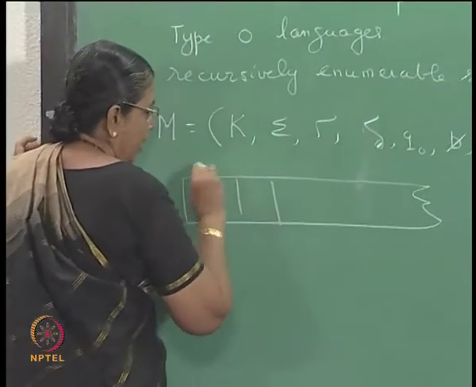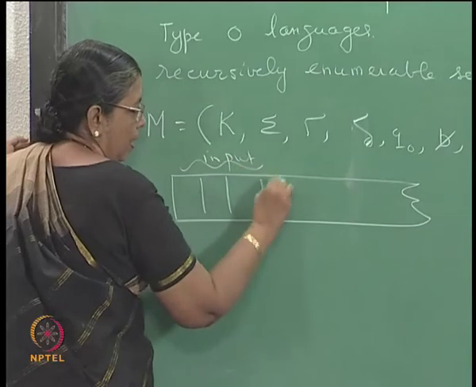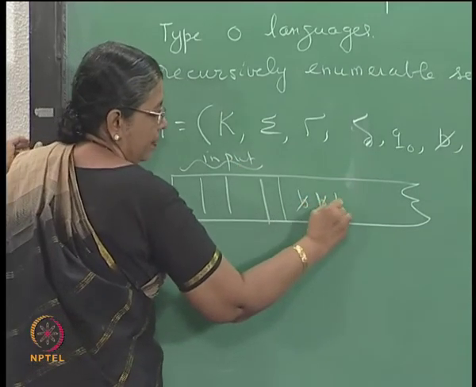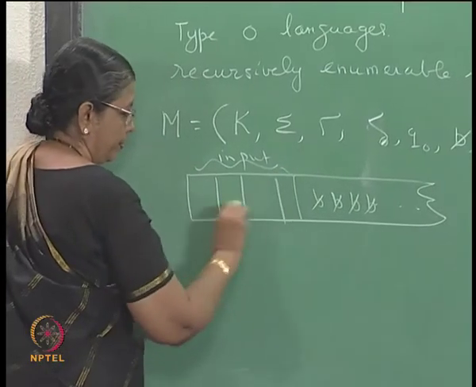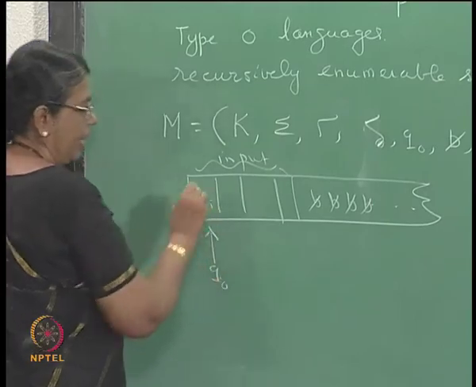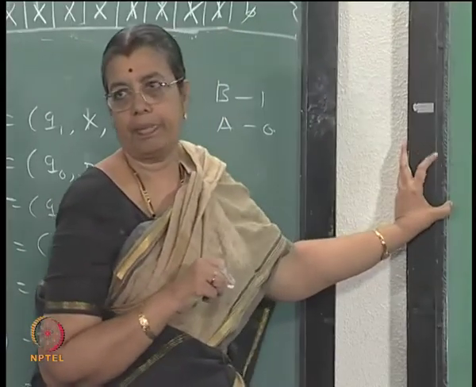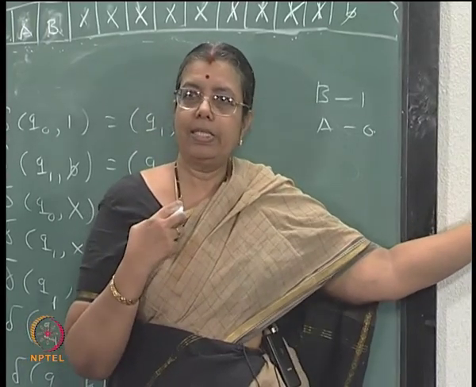So, initially the input is given here, followed by blanks. This is the input. The machine starts in the initial state reading the leftmost symbol.